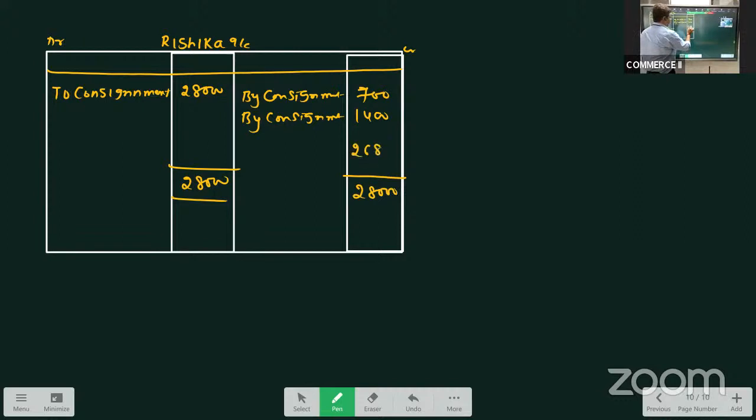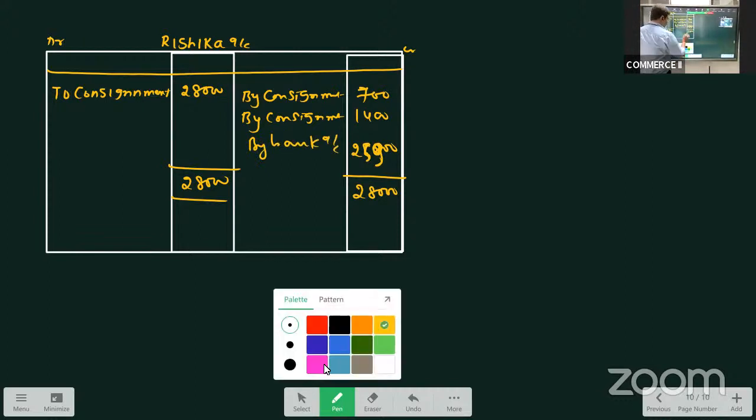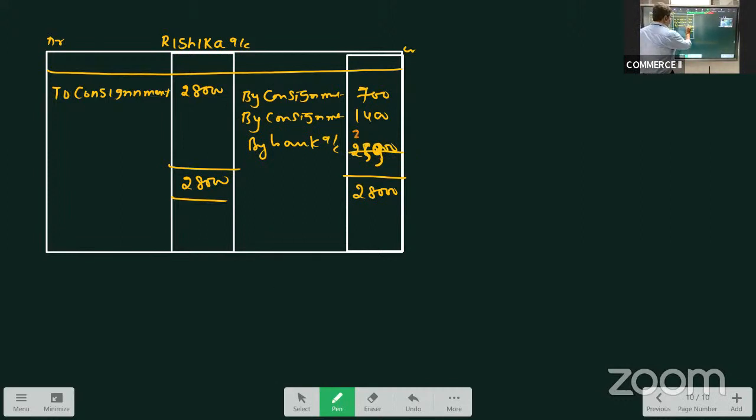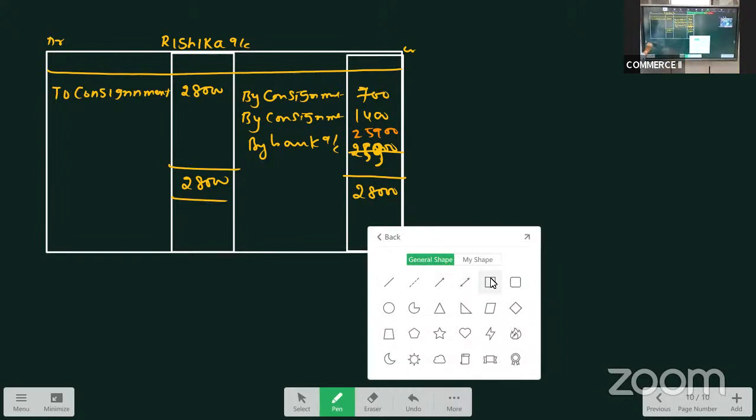It would be 25,900. This is the final amount sent by consignee. Then we have to prepare goods sent on consignment account.